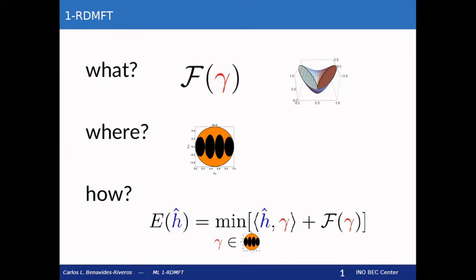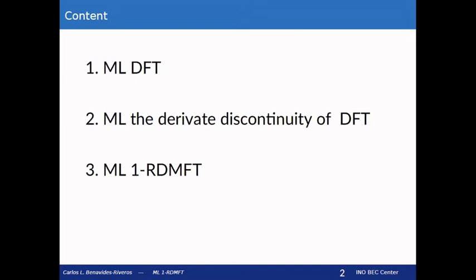Of course, one of the competitors is DFT, and when DFT works very well, I think there is not much room for 1RDMFT. But in general, for strong correlation systems, there will be a lot of room, provided that we can do these minimizations effectively. So one candidate is to use machine learning techniques.